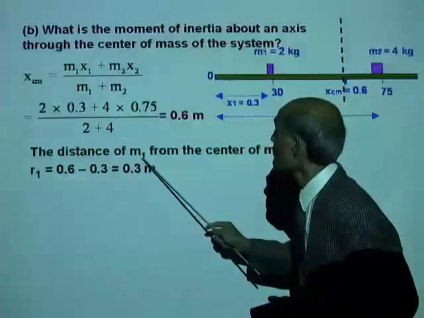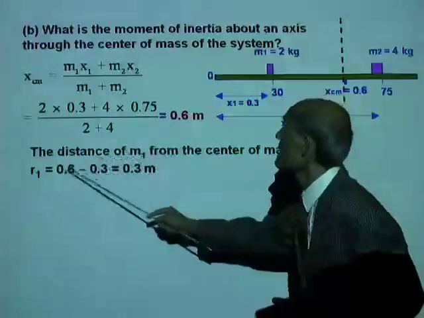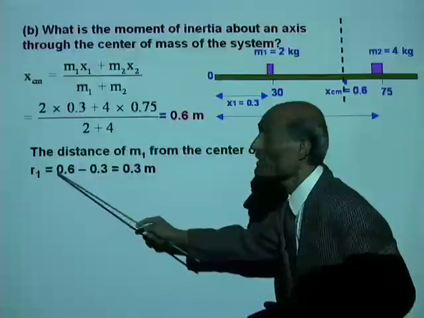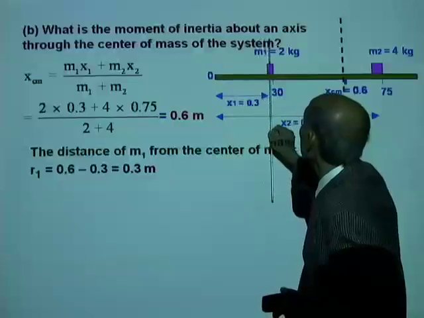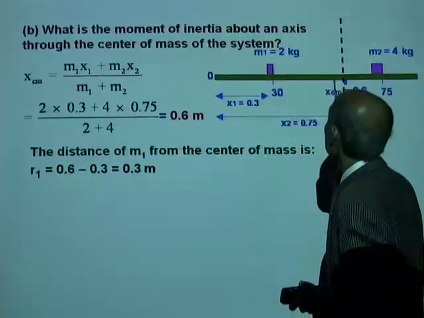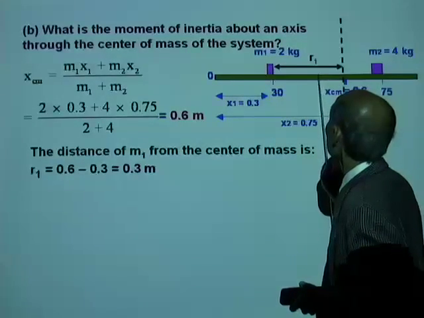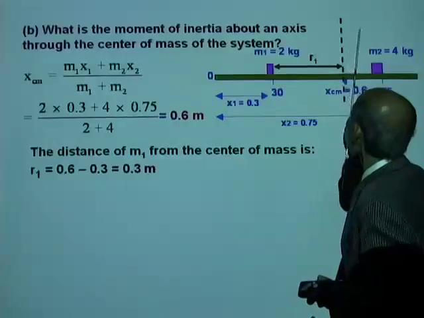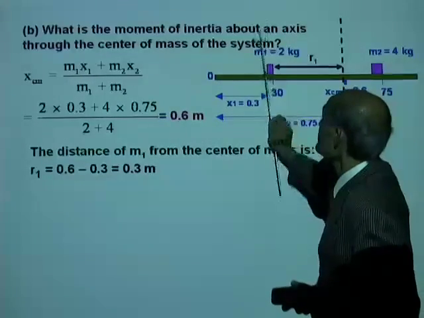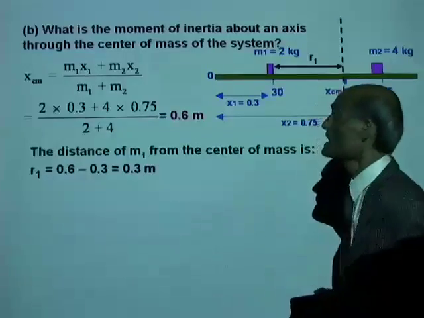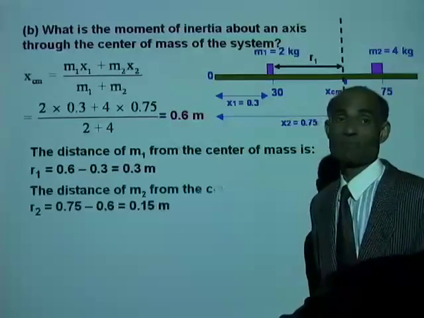The distance of M1 from the center of mass is R1 equal to 0.6 minus 0.3, that is 0.3 meter.